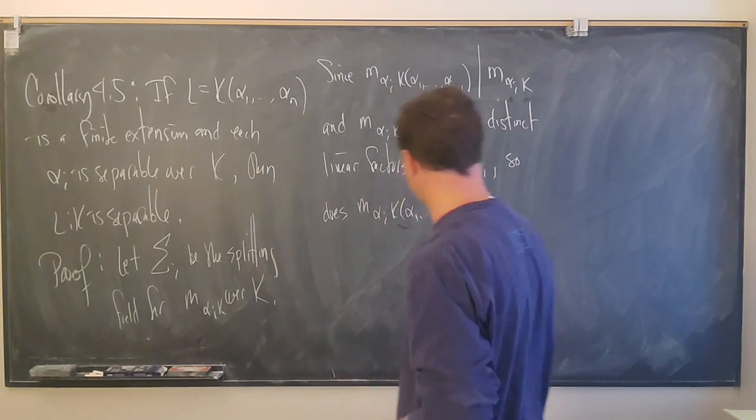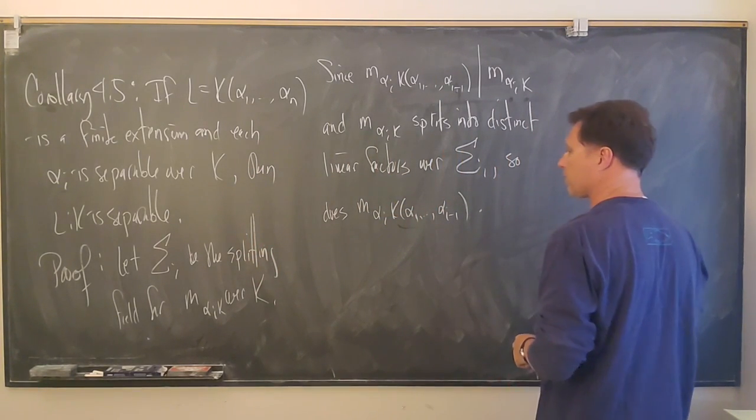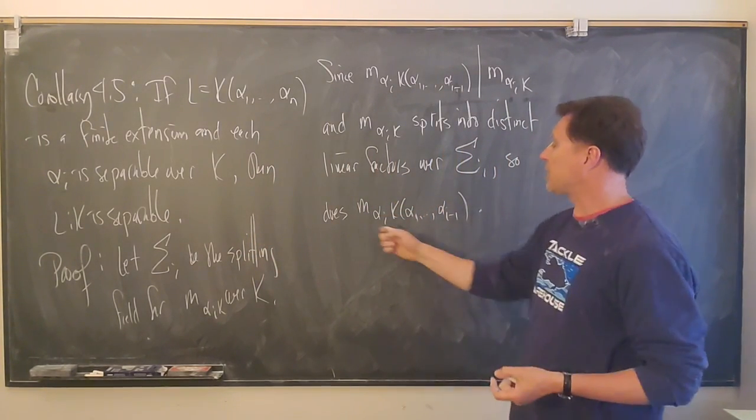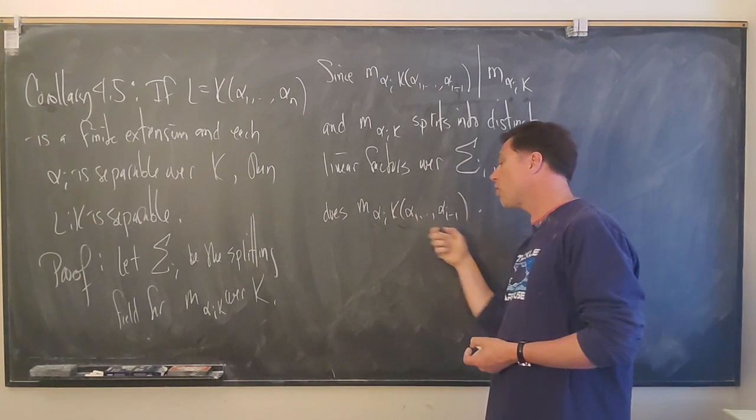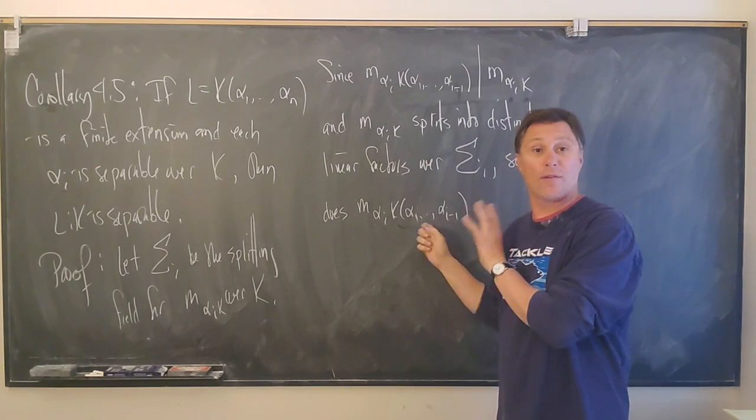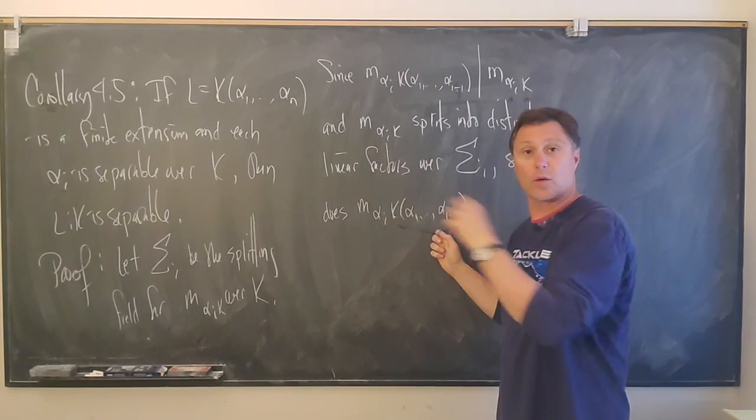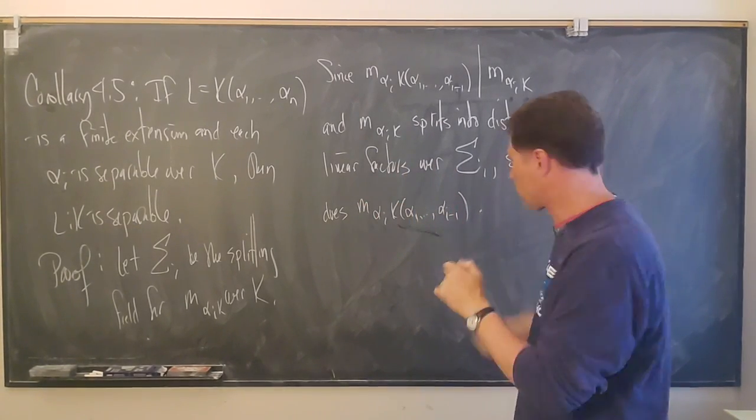In other words, what is that saying? It's saying that each of these alpha I's is separable over K adjoin alpha 1 up through alpha I minus 1. And then we can just apply our previous corollary.